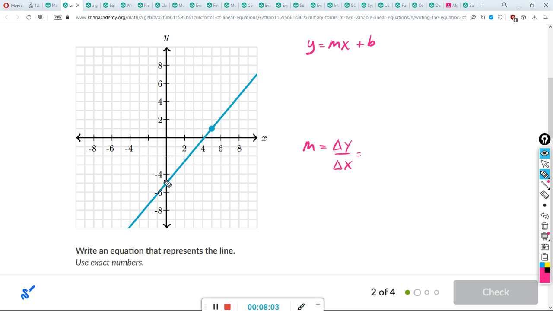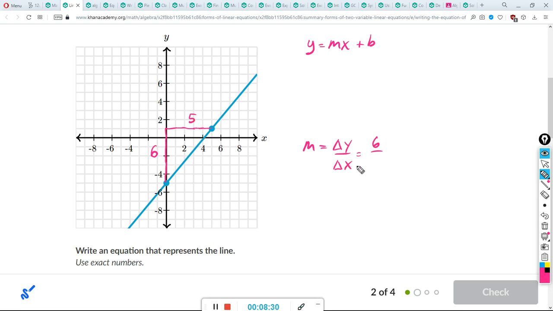So just go from one point to the other. 1, 2, 3, 4, 5, 6. I just went up 6, so it's positive 6. 1, 2, 3, 4, 5. I went right 5. That's a positive 5. Change in y is 6.